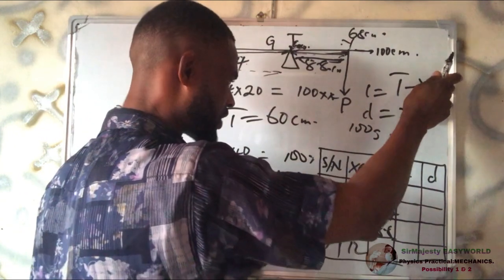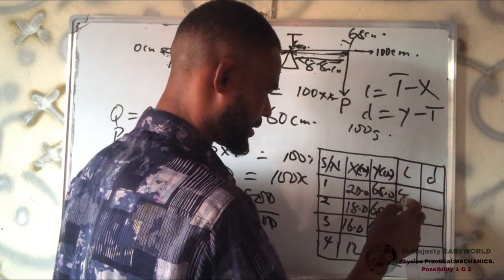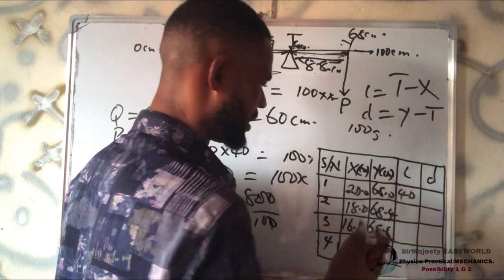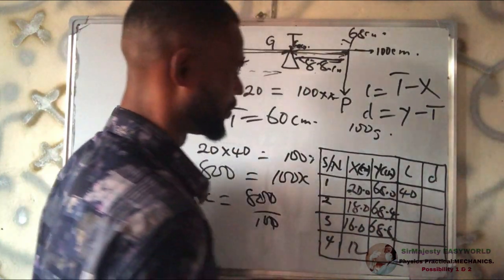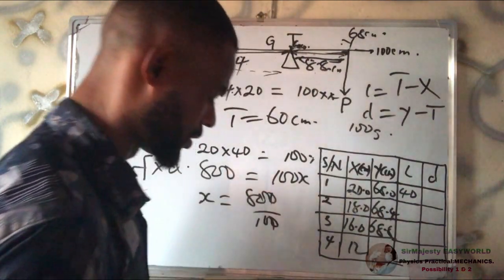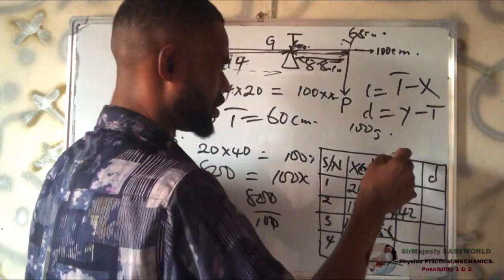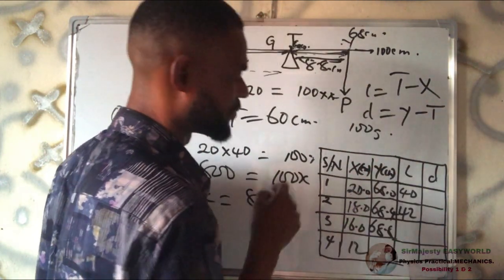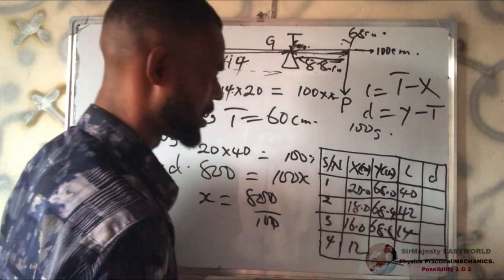So 60 minus 20, I get 40. Then 60 minus 18, you get 42. Then 60 minus 16, you get 44. You see it? And so on and so on.